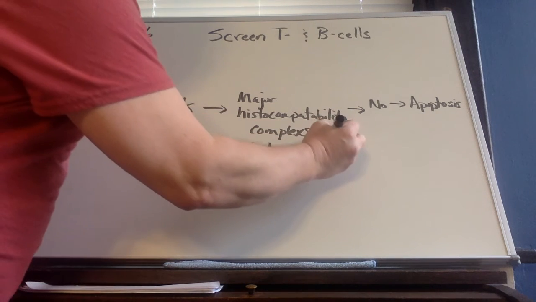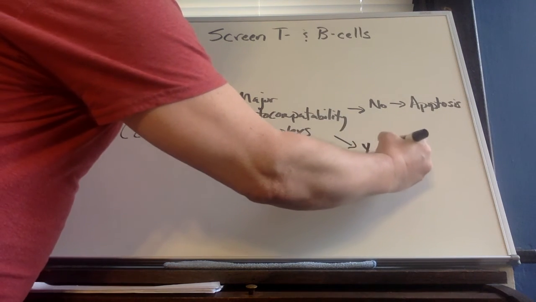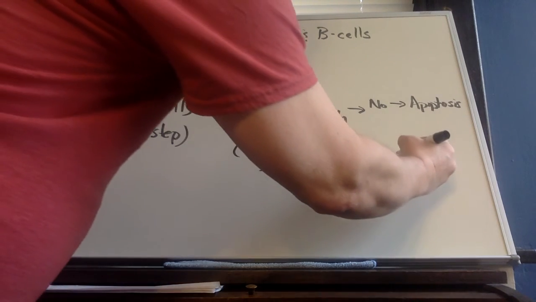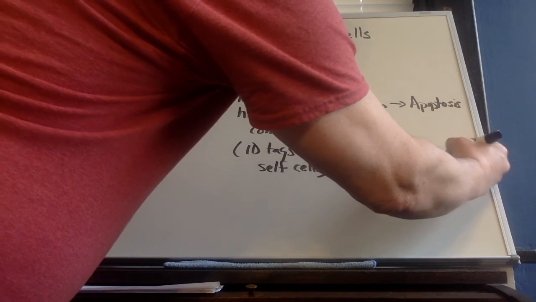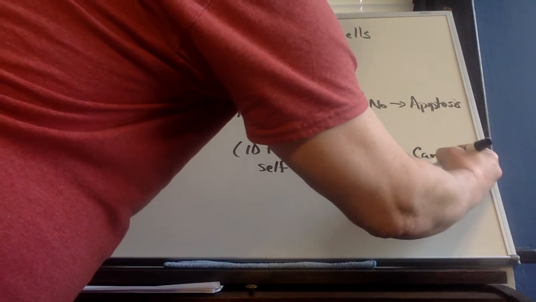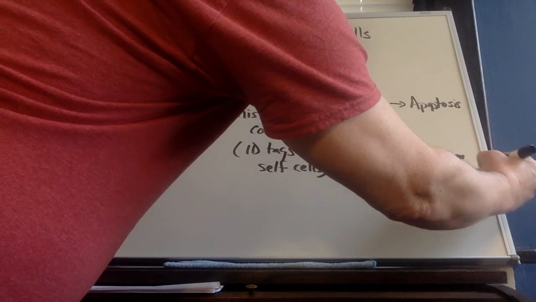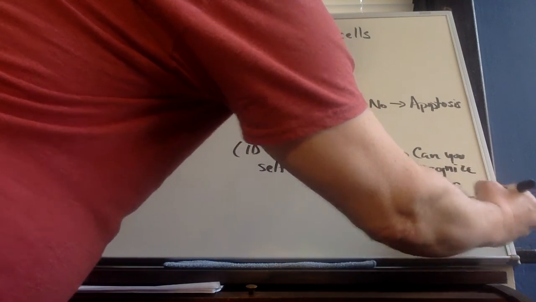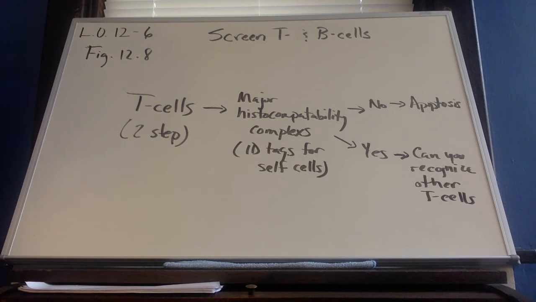However, if they can recognize them, then they have a second screening. In this one, they're looking to see if they will attack their own self, their own T cells. So we ask, can you recognize other T cells? That's what it means, potentially self-reactive.